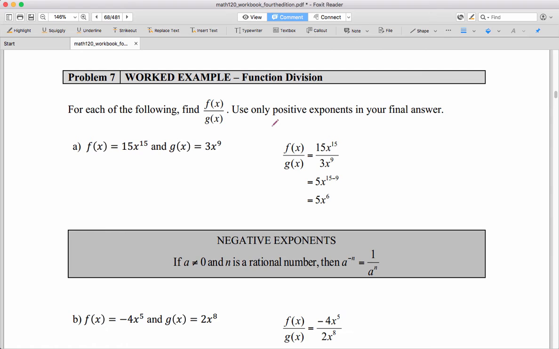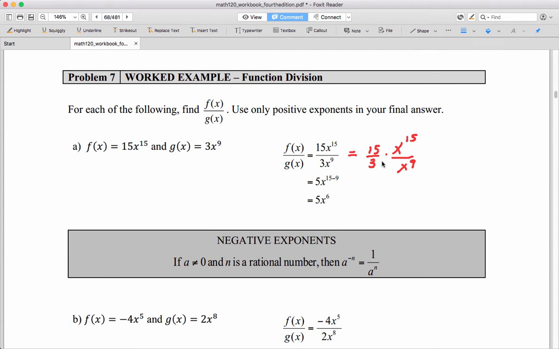So f of x is equal to 15x to the 15th divided by 3x to the 9th. Let's take this a couple extra steps here. One way of thinking about this is 15 over 3 times x to the 15th over x to the 9th. Notice if I multiply together the numerators and multiply together the denominators, I'd end up back with the previous expression.